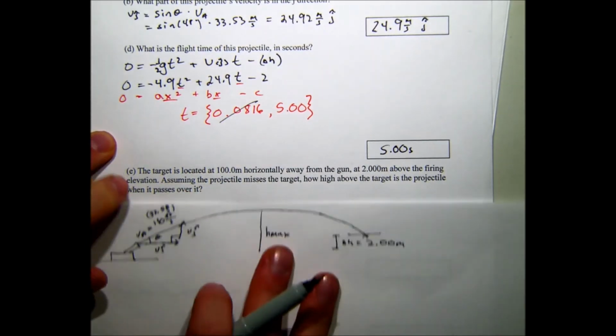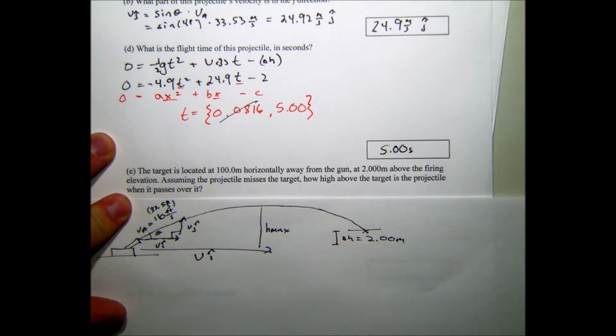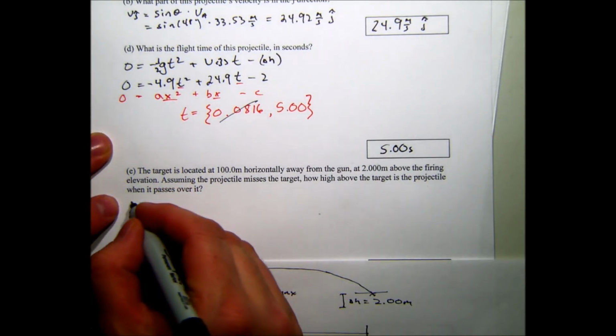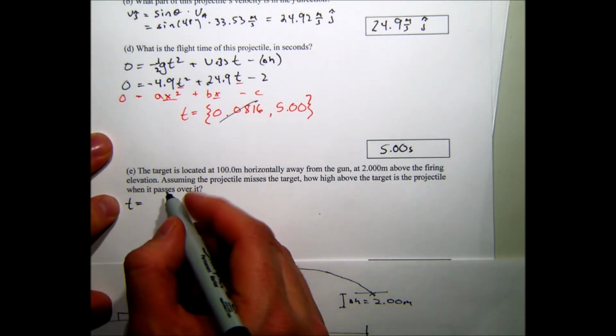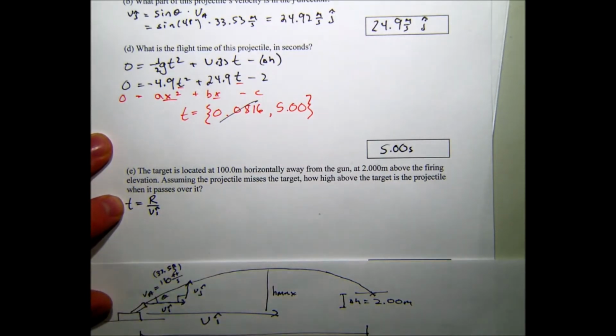So we have the projectile, and we know how fast it's going to the right. We know that the distance to the target is 100 meters in the equation. So we have velocity and we have distance. So we can write time is equal to the range divided by the velocity in the I hat direction.